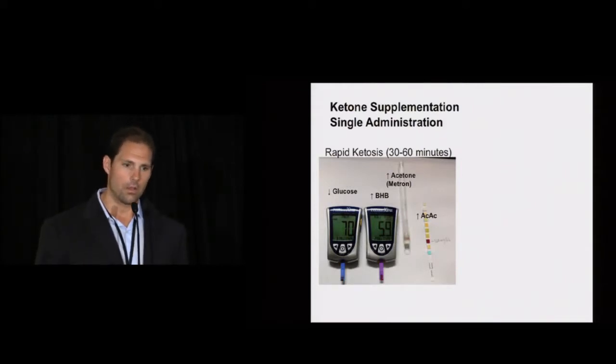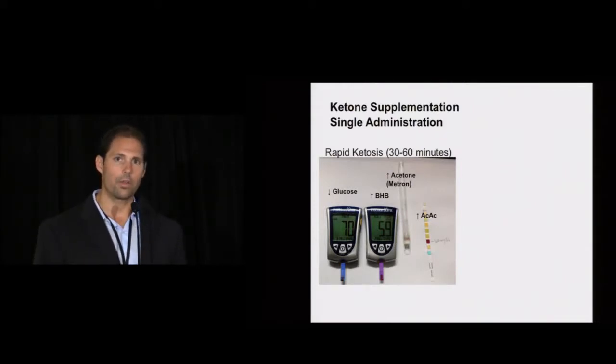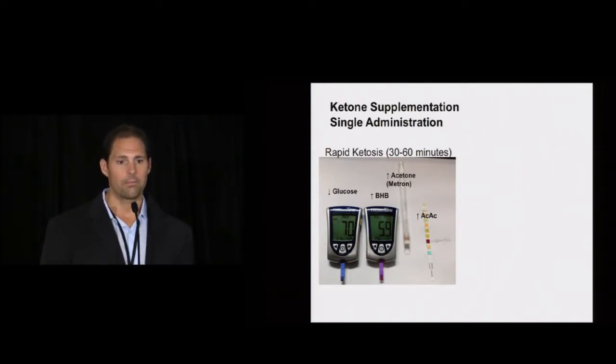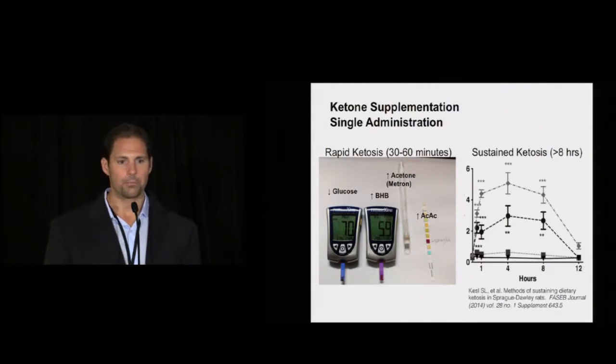Interestingly, it can also decrease glucose levels. We've been able to achieve preparations that can elevate all three ketone bodies: beta-hydroxybutyrate, acetoacetate, and, through the decarboxylation of acetoacetate, breath acetone.